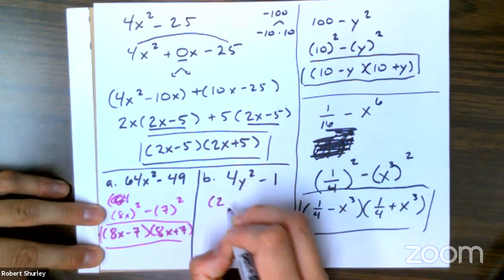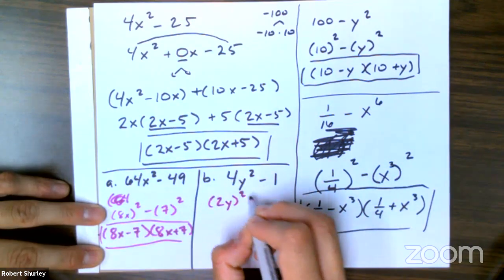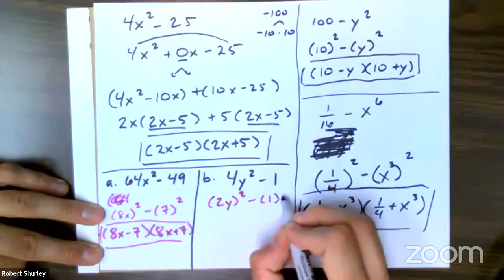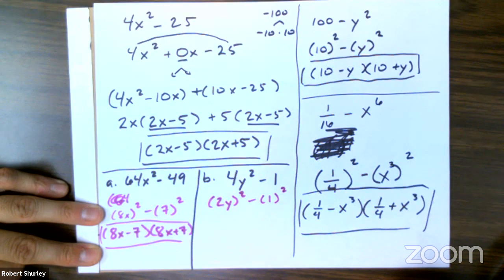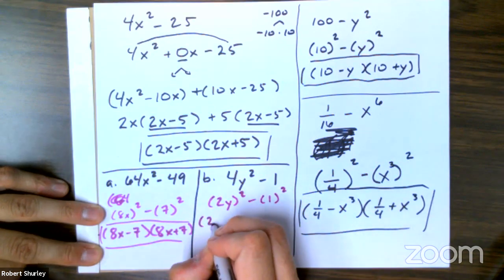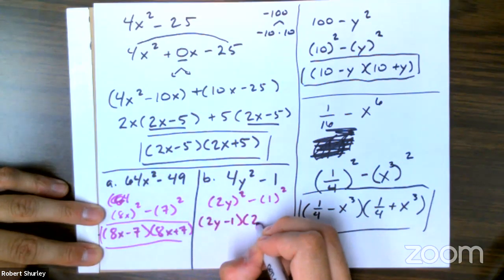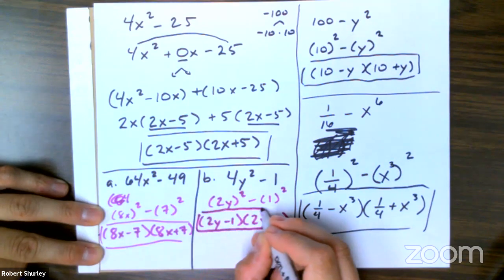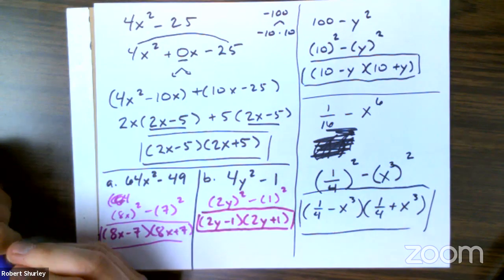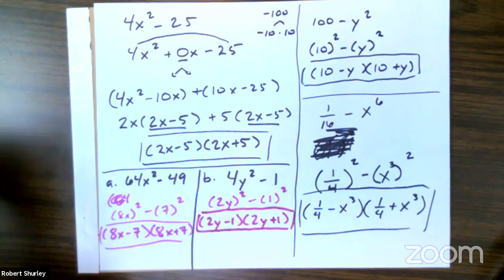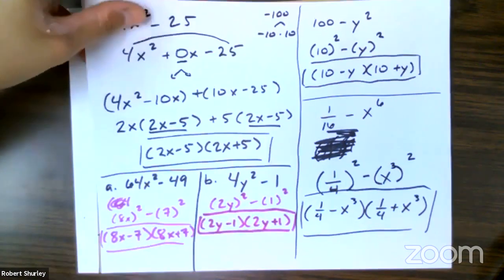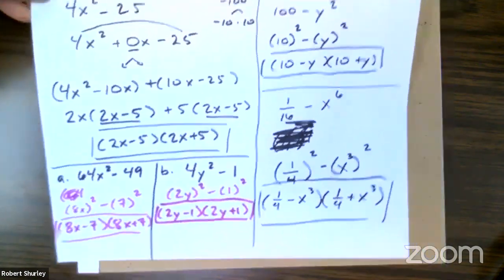I know 2 squared is 4, so 2y squared would be the first one, and 1 squared is just 1. So now I can separate these into 2y minus 1, 2y plus 1. Any questions before I go to the next one?